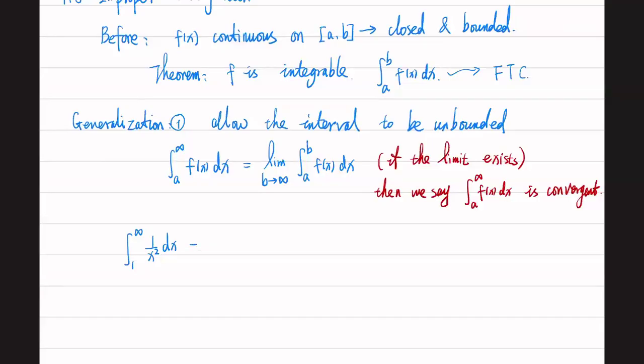So to find this integral and determine whether it's convergent or not, we start with the finite interval integral from 1 to b. For this one, use the fundamental theorem of calculus.